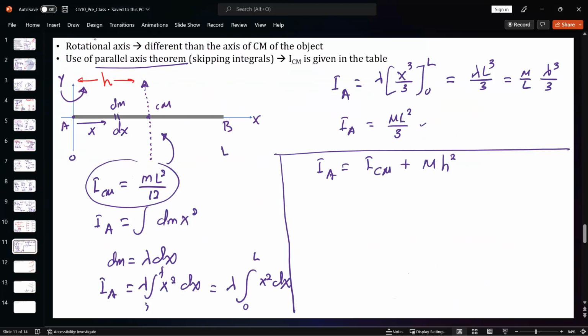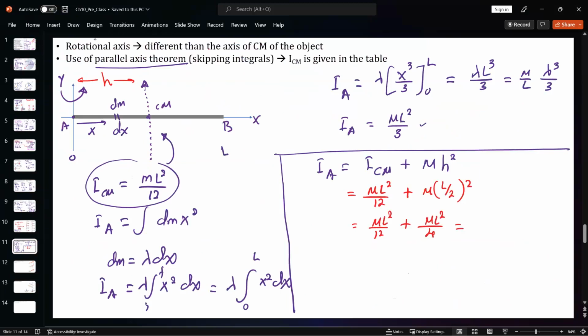Okay, so if I apply that concept here, I of CM we know is mL square divided by 12, plus the mass of the rod, h is actually L divided by 2 to the power 2. Let's simplify this one a little bit. This is going to be mL square divided by 12 plus mL square divided by 4.